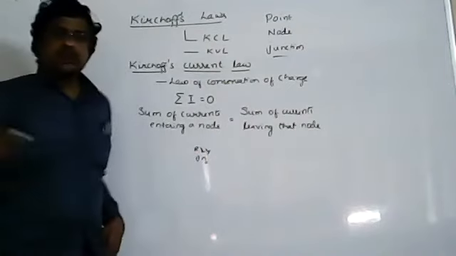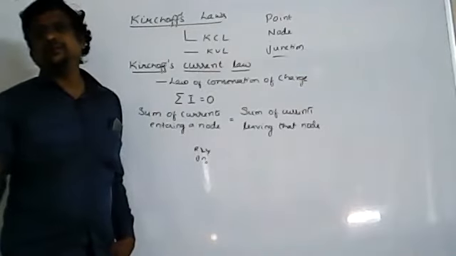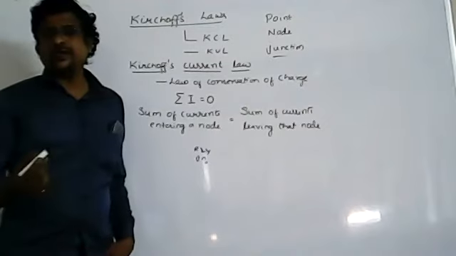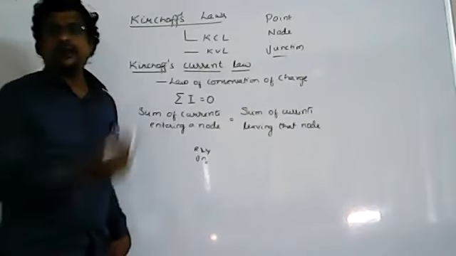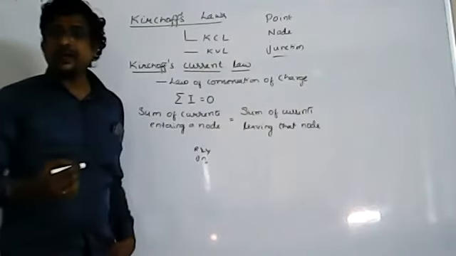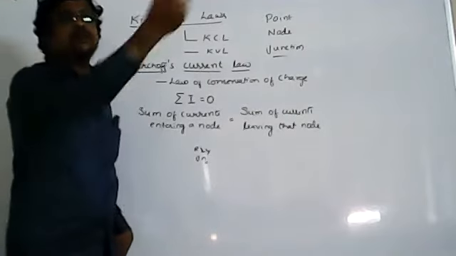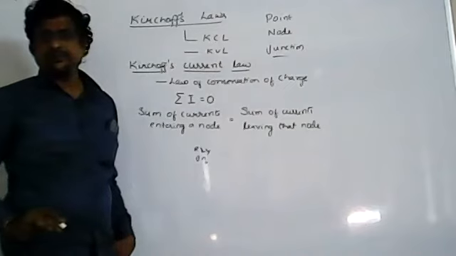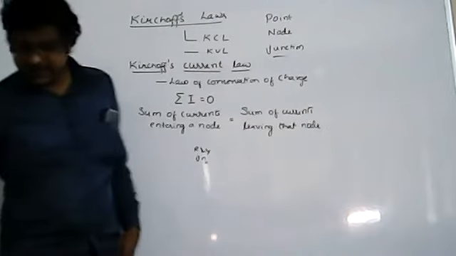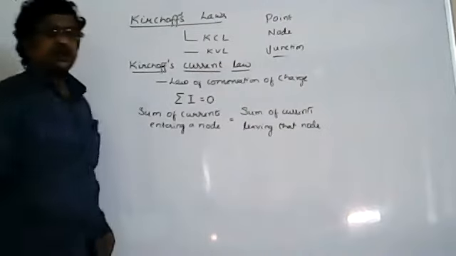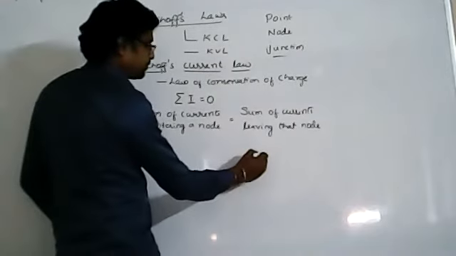Many trains come, halt, and then leave. If I take Vijayawada junction, so many trains come, halt there for some time, then leave. That means the number of trains coming to that junction is equal to the number of trains leaving that junction. Same thing: the sum of currents entering the point is equal to the sum of currents leaving that point or node or junction.